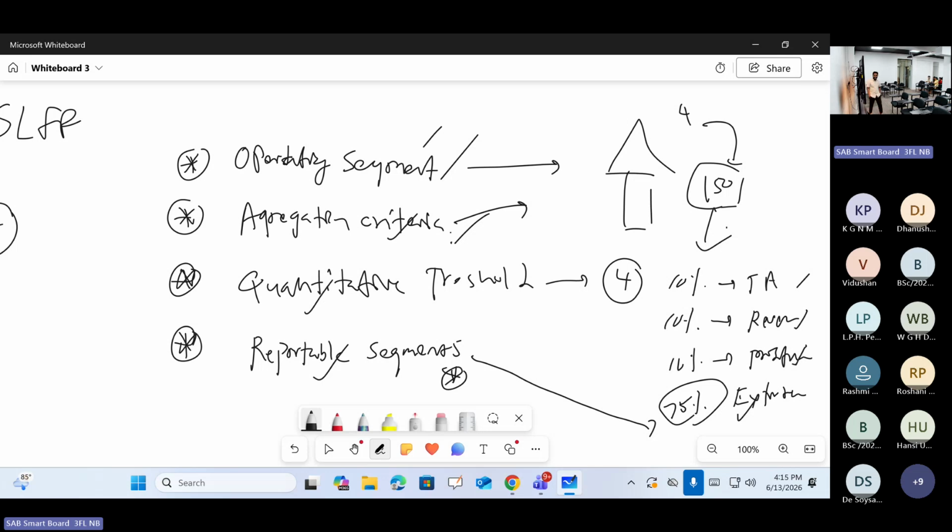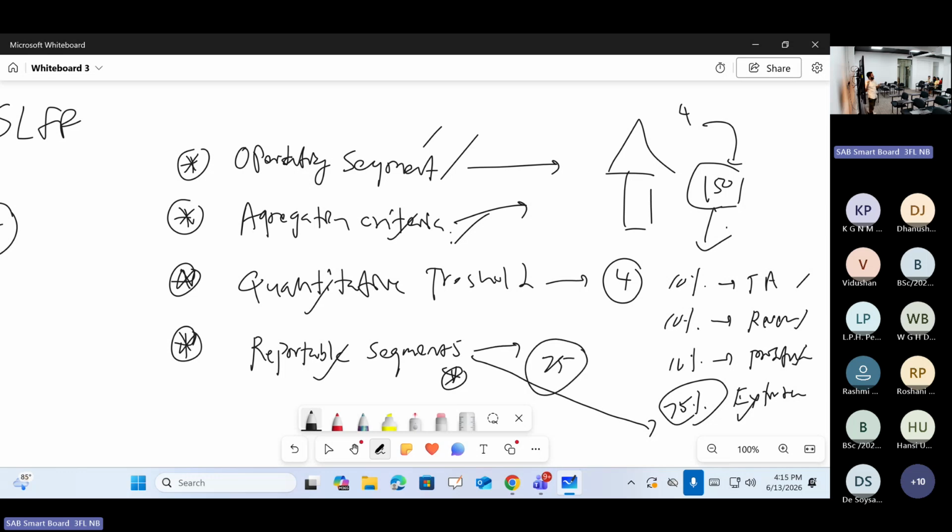Reportable segments. After having these thresholds, you can identify what the reportable segments are. You are having operating segments, say 150, and reportable segments maybe 75.